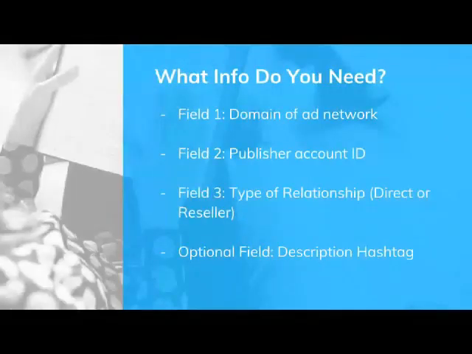So the info that you need to create this text file is the domain of each ad network, the publisher account ID, the type of relationship, whether it's a direct or reseller, and then you have an optional field of adding a description.